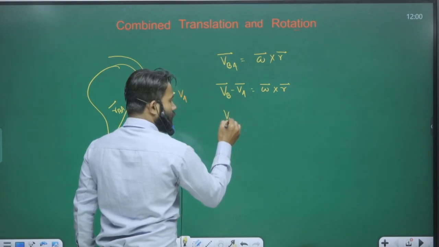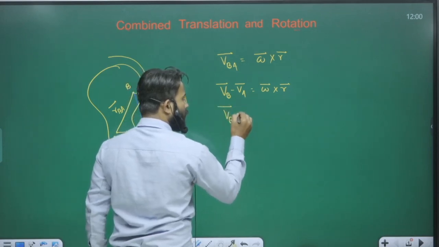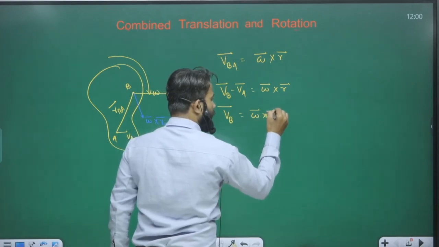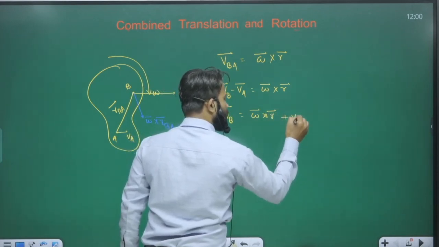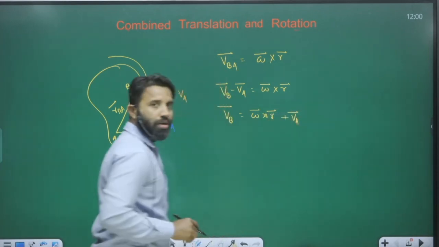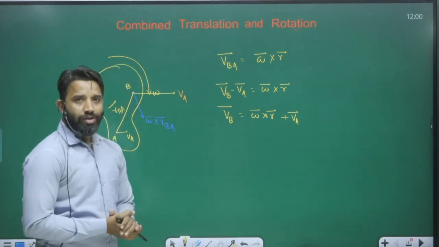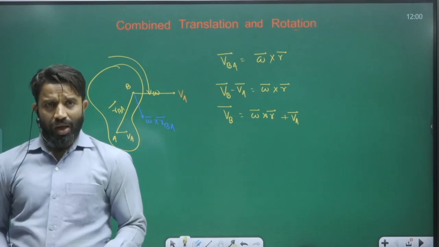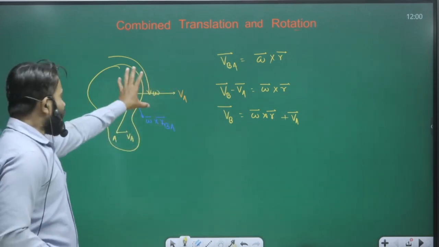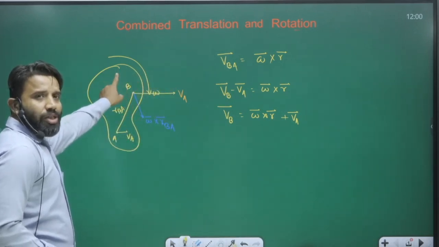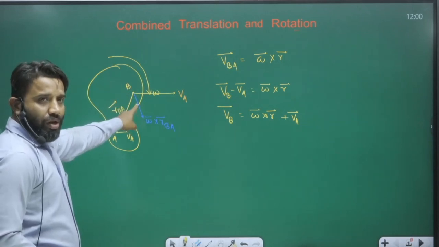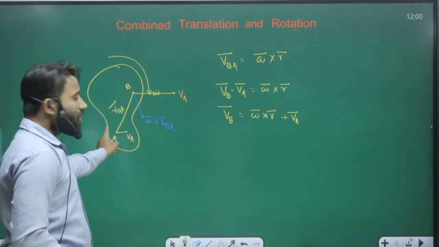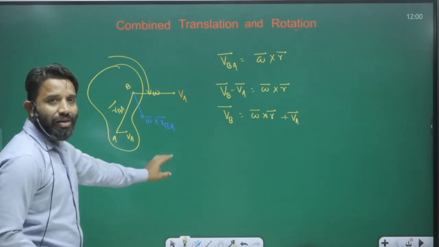So the velocity of B with respect to ground will be omega vector cross r vector plus VA vector. Is it okay? Is it okay till this? Again I am making it very clear that this body is performing rotational motion as well as translation.